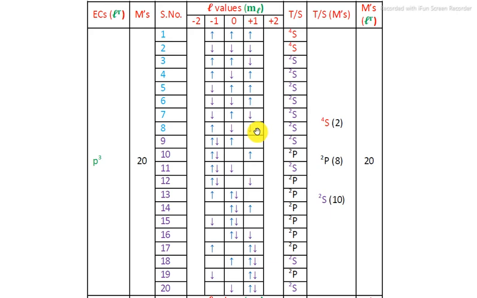Then the overall resulting number of unpaired electrons is 1 only for the microstates 3 to 8. That gives the total spin multiplicity 2 only. The term is 2S. Let us see the other microstates 9 to 20.